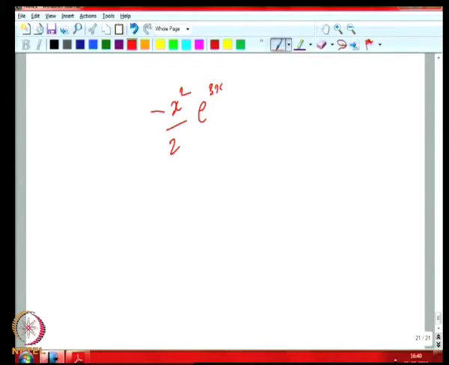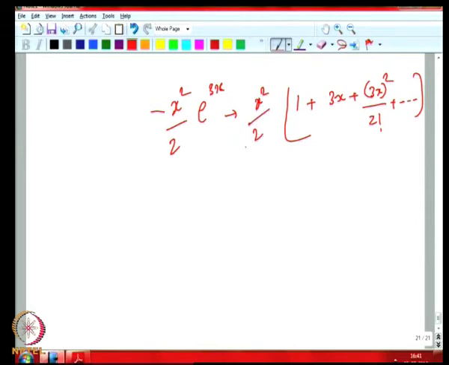If you want to find the contribution of the coefficient of x raised to 12 from this, you know e raised to 3x will be 1 plus 3x plus 3x whole square by 2 factorial and so on as usual, but because we have to multiply this by x square by 2, let us remember the 2 separately, the x square goes and multiplies everything here. So this will become x square, this will become x cube, this will become 3 square x raised to 4 and so on.